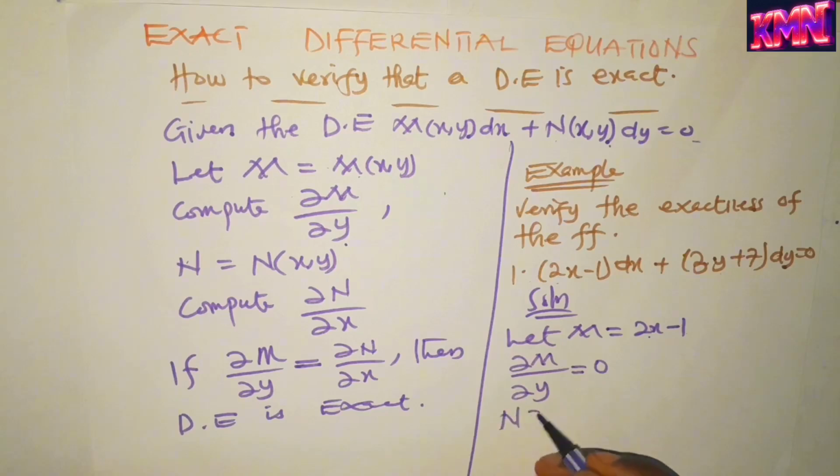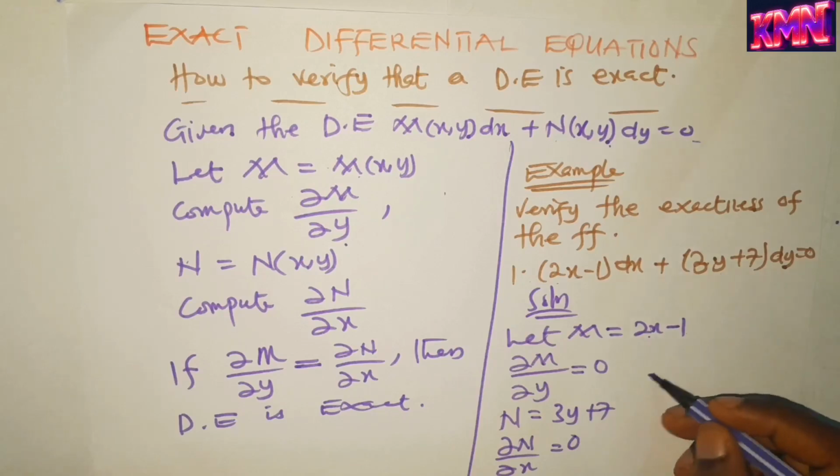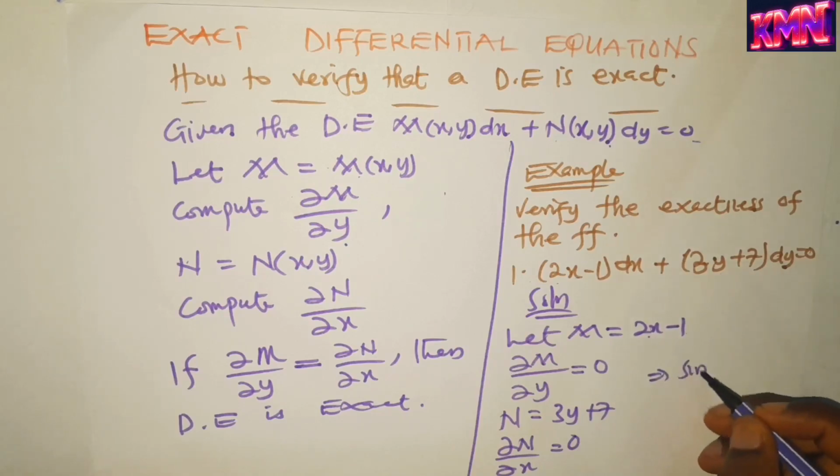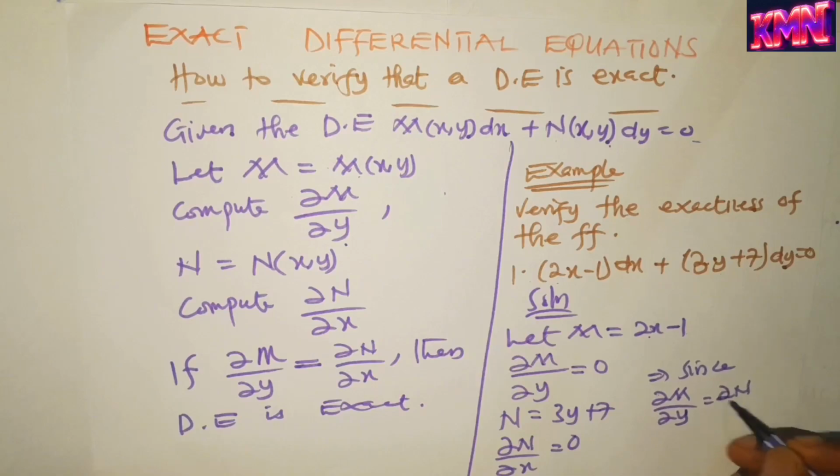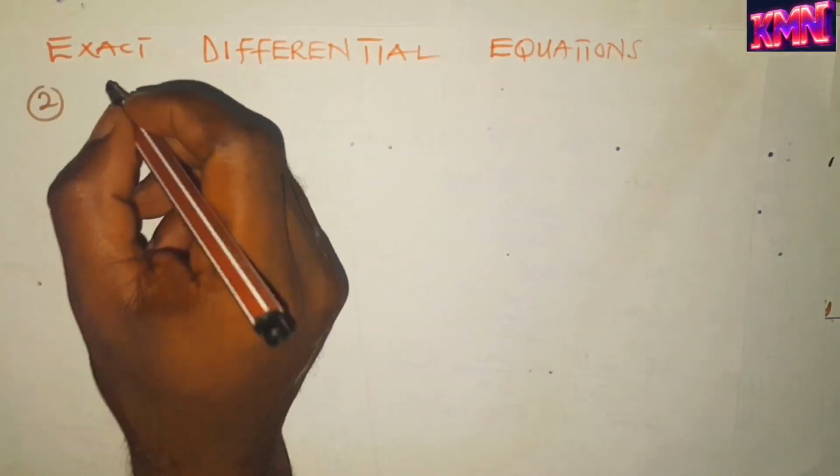Then n equals 3y plus 7. Then we find the partial derivative of n with respect to x, and that gives us also 0. So hence we can conclude that since del m del y equals del n del x, then the differential equation is exact.